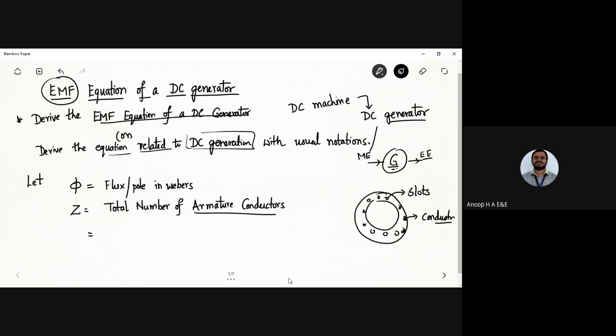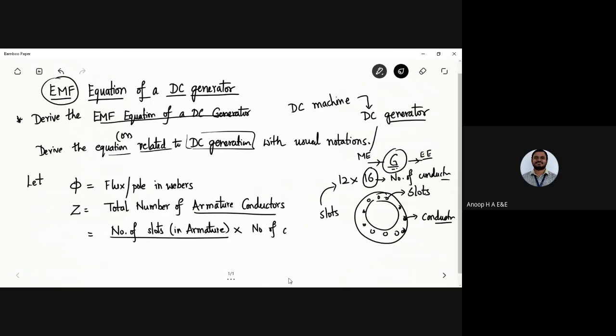Now the total number of armature conductors, how can we find out? If I have 12 slots and the number of conductors in each slot is 16, then it is the number of slots in the armature into the number of conductors in each slot.